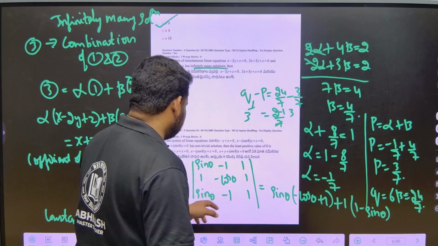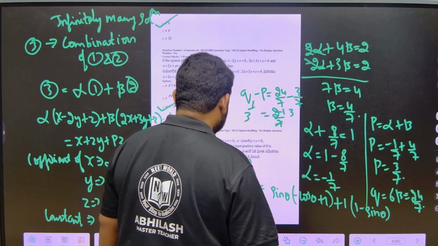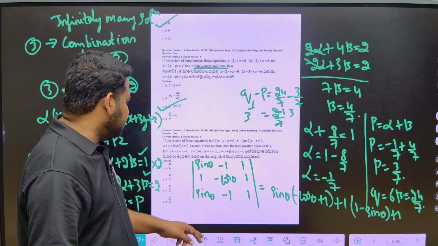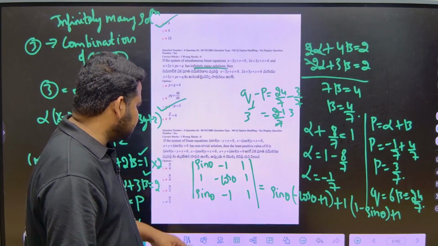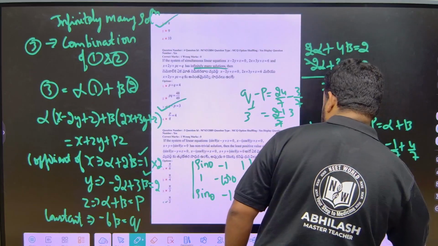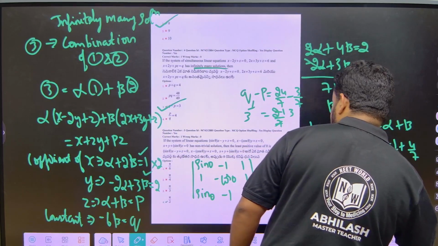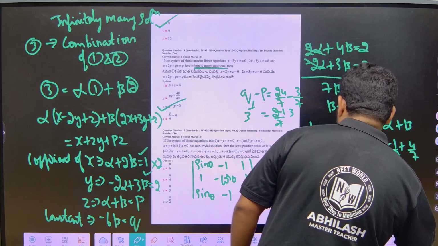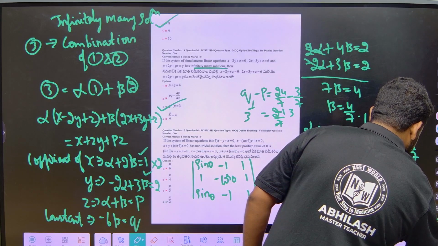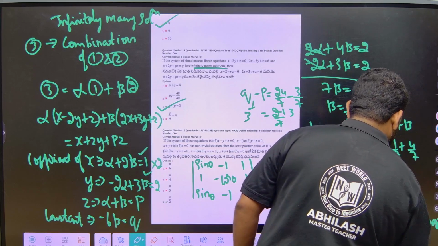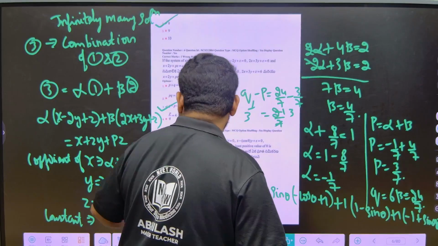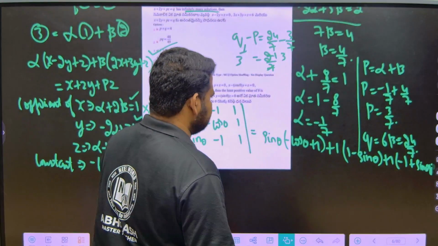Plus 1 into minus 1 plus sin theta cos theta. This is what I have: minus 1 plus sin theta cos theta.